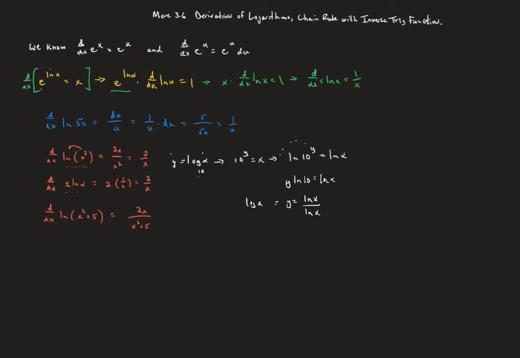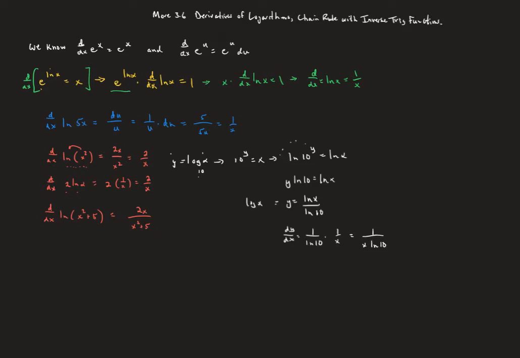So to change a logarithm to a different base, and in calculus, we're always going to want to change it to a natural logarithm, because that's the derivative that we know, and it should have been a natural log 10. I dropped that ball. So now, we're always going to try to convert it to a natural log. So now we can take the derivative of this, because remember, this natural log 10 is just a constant that's multiplying that natural log of x, and so we get 1 over x natural log 10.